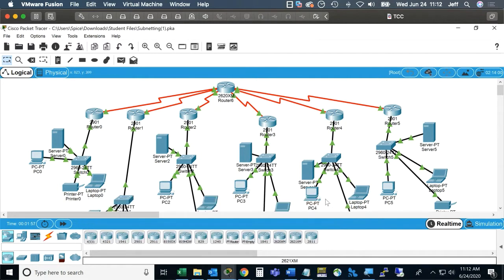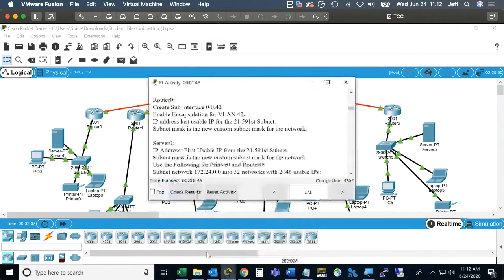Exactly. And so the instructions, let me see if I can get back. How did I lose the instructions? As we go through Packet Tracer, we'll do parts of these and show you how to do the VLANs and things like that.